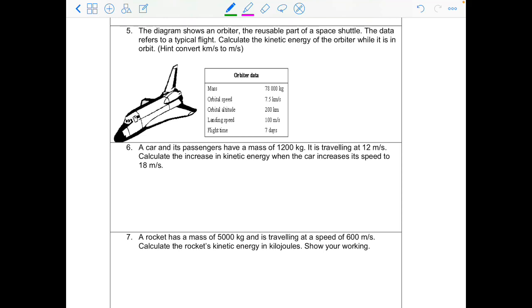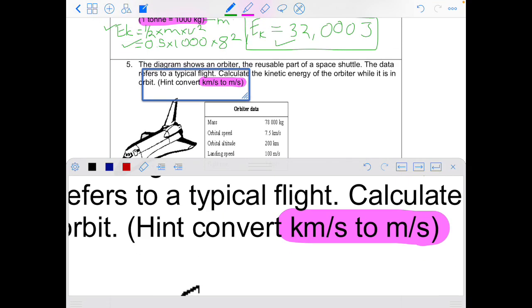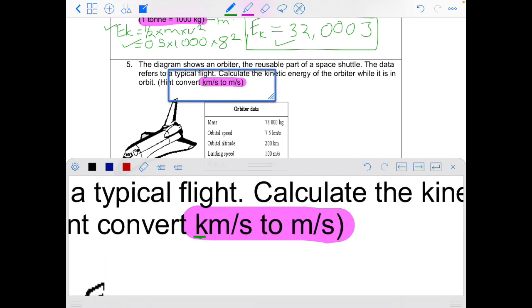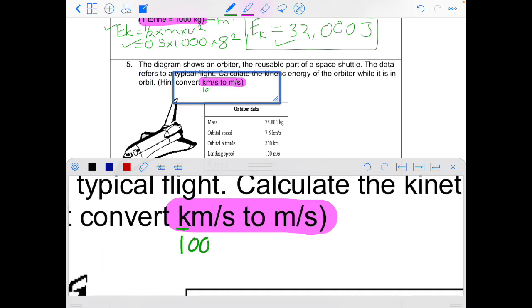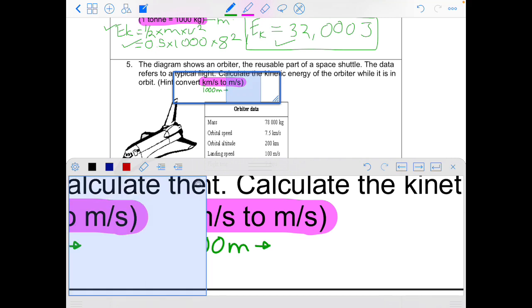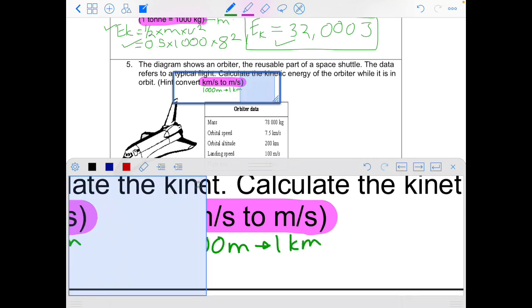So, one thing to notice, convert kilometers to meters per second. You should know that with the kilo means 1,000. So there are 1,000 meters in 1 kilometer.